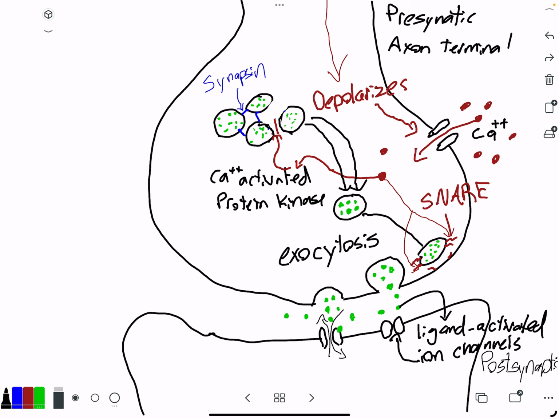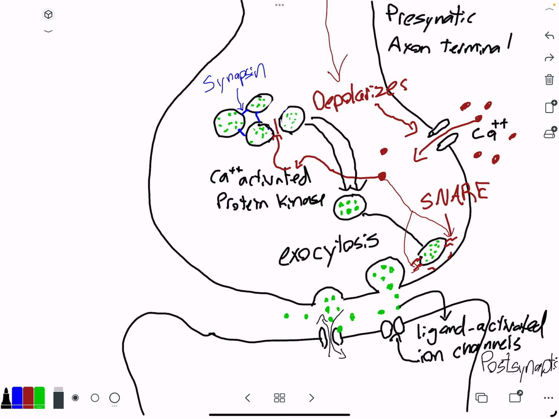So when they bind, these ion channels in the postsynaptic membrane can cause them to open, altering the ion flow across the membrane, and ultimately this may result in generating a postsynaptic potential, right?